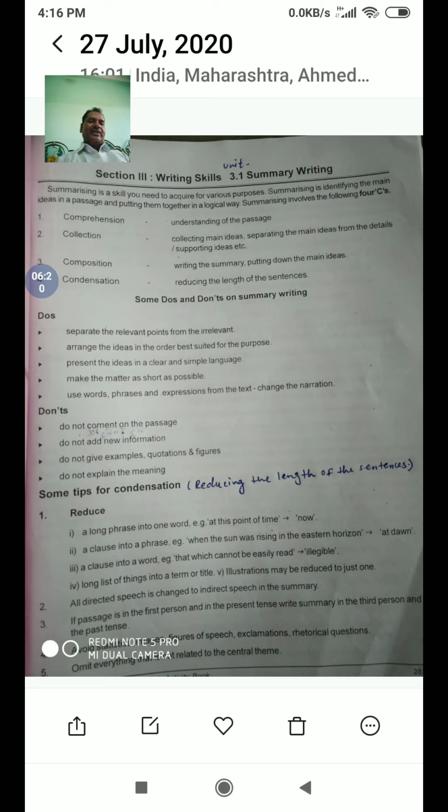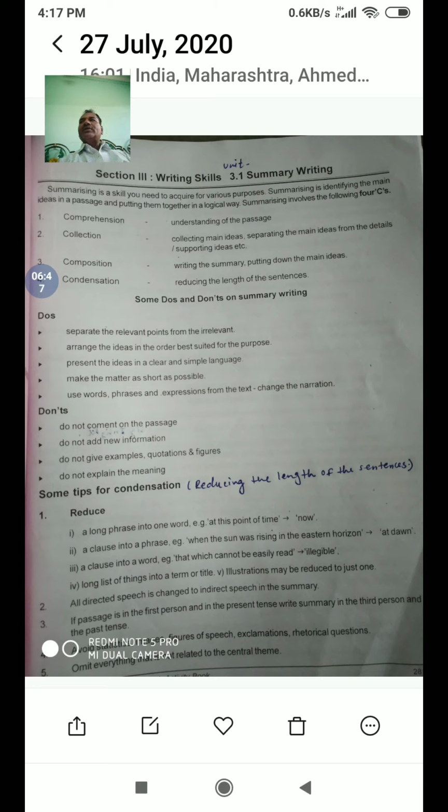Second one, the writer organizes and writes a paragraph in which the main idea is stated. Third one, the writer also gives details which support his main idea. And last one, details can be examples, experiences, quotations, figures, general information about the topic.